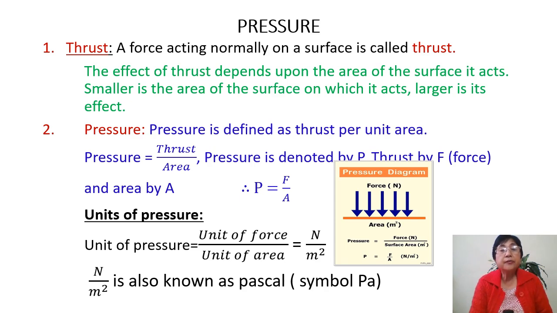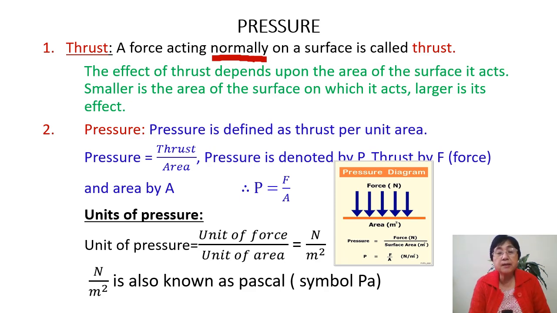Only the force that acts normally. Okay, this word is very important here. What do we mean by the word normally? Normally means perpendicularly. So only a force which acts perpendicularly on a surface is called a thrust.